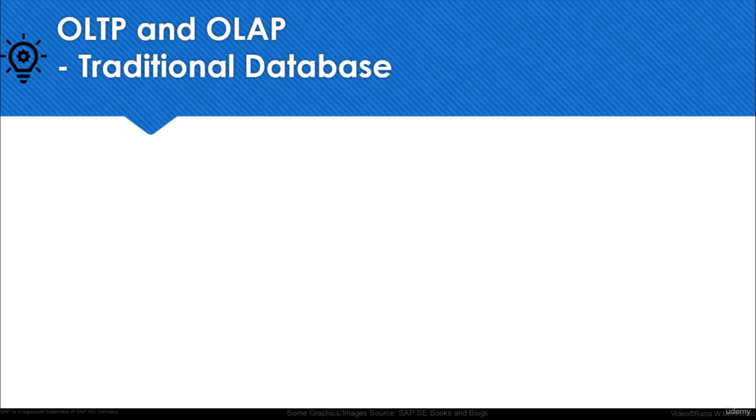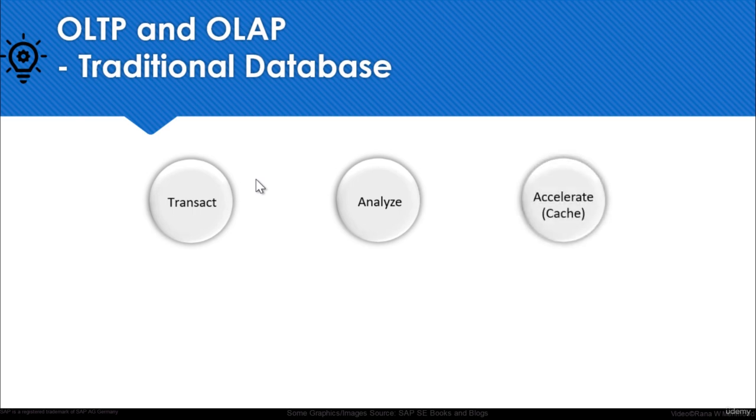So how is SAP HANA database getting benefit from these two different database designs? I will compare this with a traditional database. The traditional database was either built for OLTP optimization or OLAP optimization, but not both. So it brings unnecessary complexity. That is, three different copies of data in different data models, such as transactions, analysis, and acceleration processes, separated.